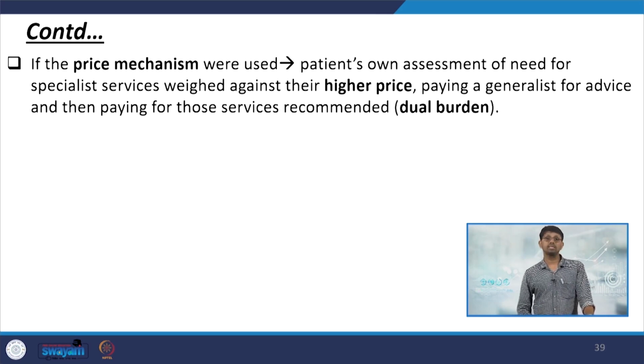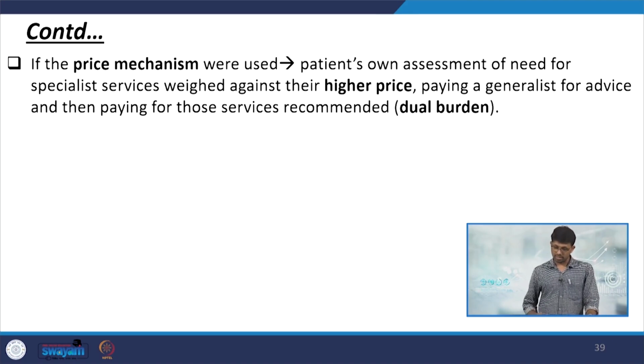Had it been with the price mechanism, the patient's own assessment of need for specialist services would be weighed against a higher price, paying a generalist for advice and then paying for the services recommended.